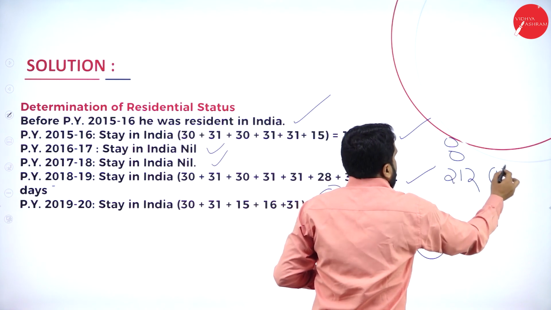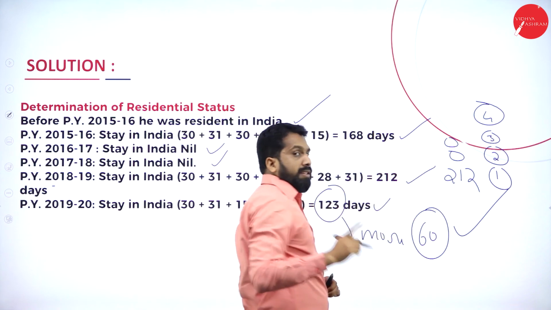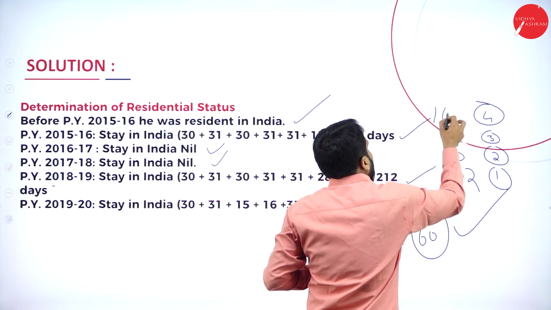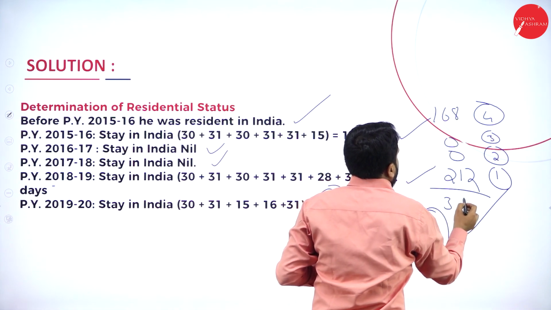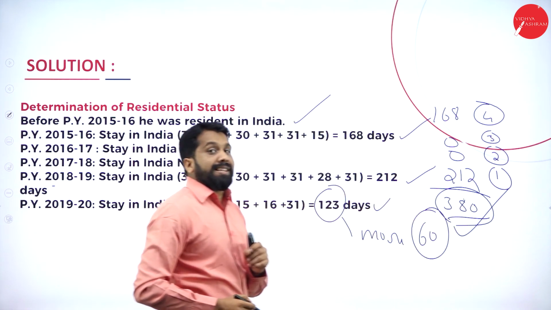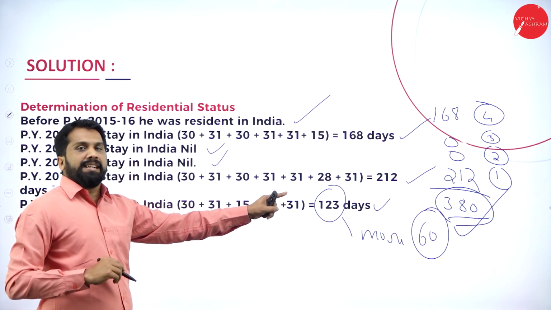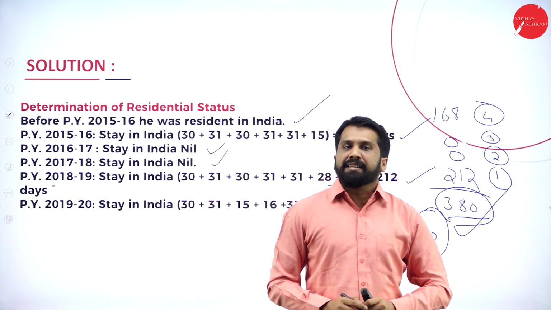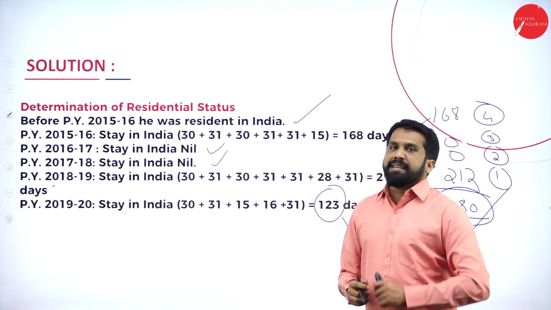Year 1, year 2, year 3. We are doing the 4th year, last year. In the 4th year, he was there for 168, it comes to around 180 days. So how many days do we want? 365 days. How many days was he in India? 380 days. So we should consider him a resident.